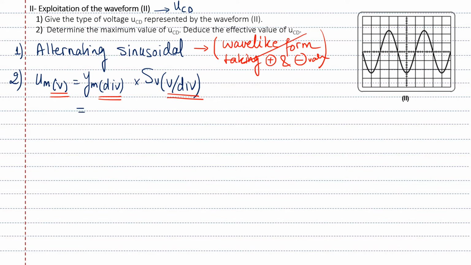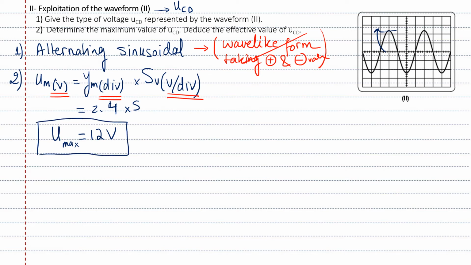It's fine. Y is also 2.4 because if you count from here to the top, it's almost the same as the previous one, multiplied by 5, so it equals 12 volts. So UCD max is 12 volts.